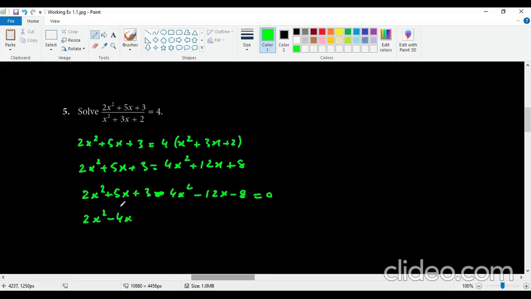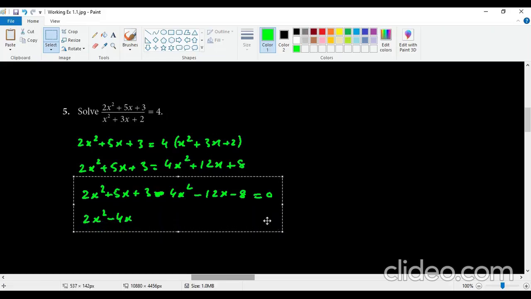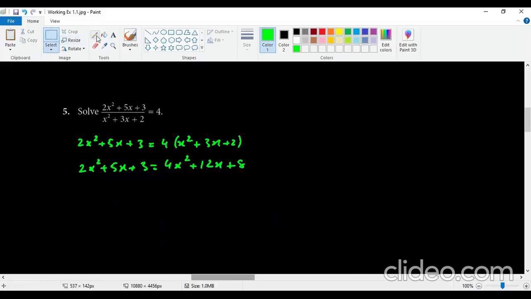Or, to make x square positive, what we can do is bring everything from the left side to the right side. So 4x square I'll keep here and bring from there 2x square and plus 12x, and from here I will bring minus 5x and plus 8 minus 3.